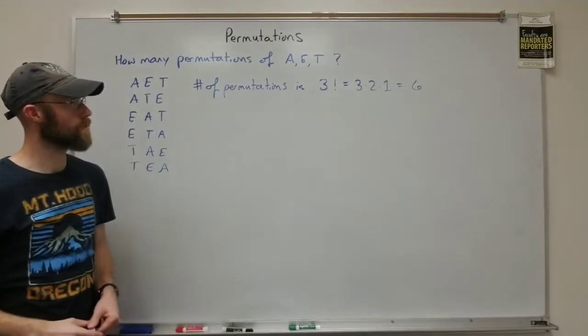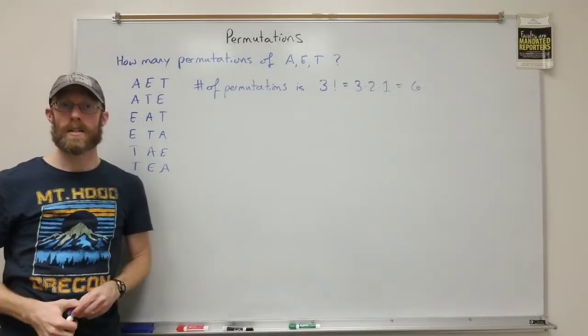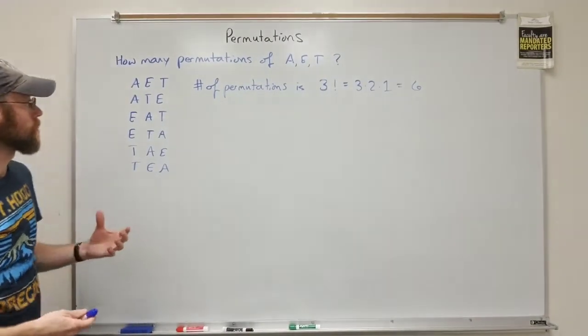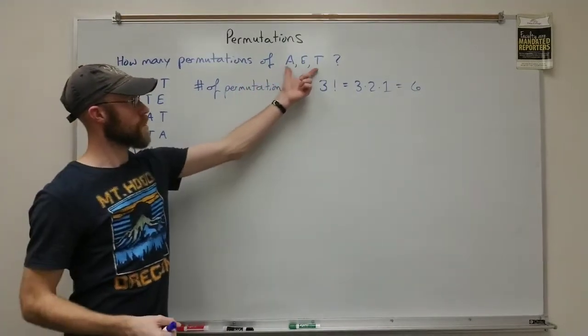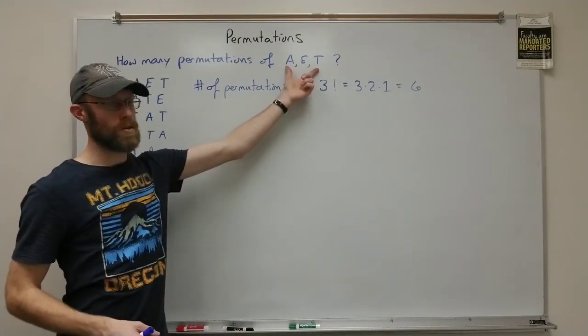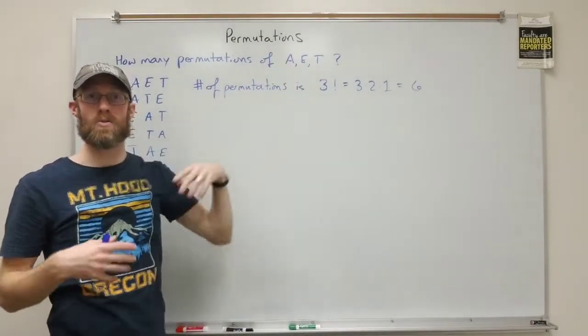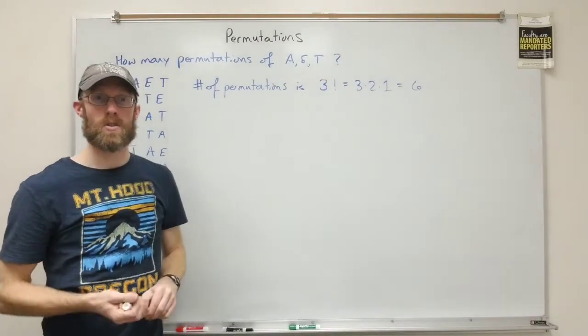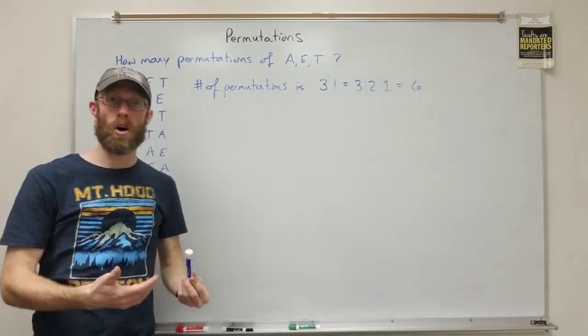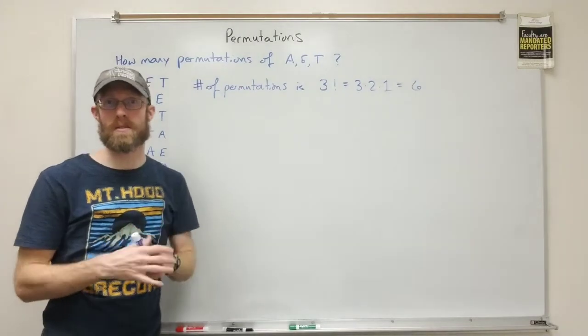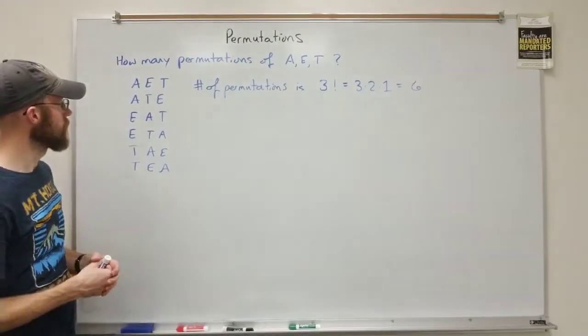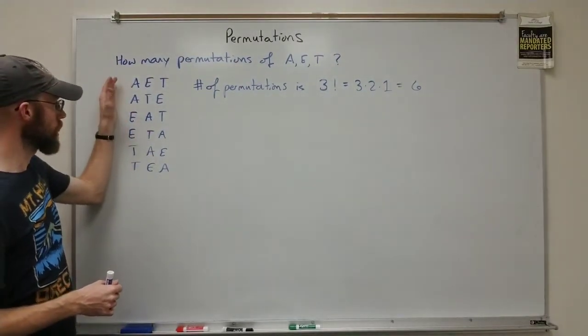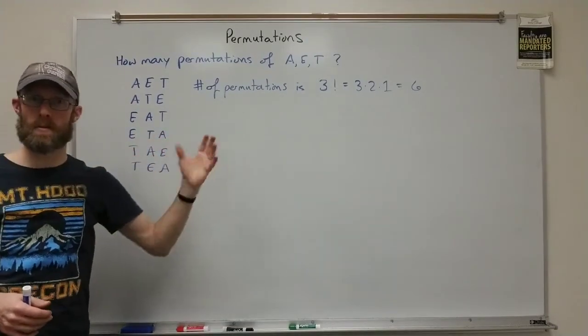Okay, there are 6 different permutations here. And that works anytime that you're just scrambling a set of numbers and you're using all of them. Okay? So for permutations using all of the elements within the set, you get just the factorial, that number factorial.